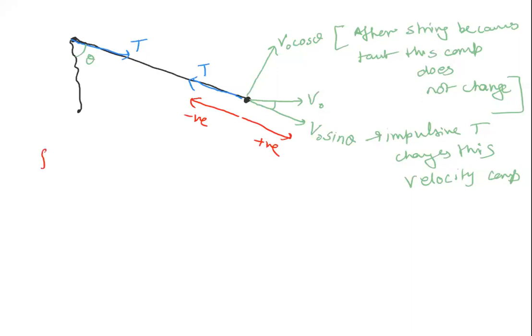Then for particle 1, I'm treating this as particle 1, minus integral T dt will be equal to the final momentum in the positive direction minus the initial momentum in the positive direction.